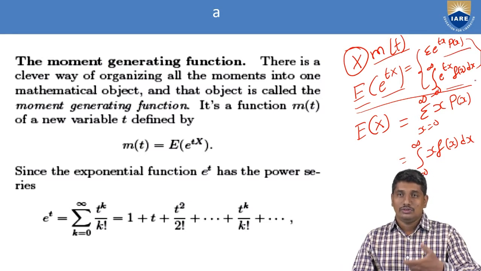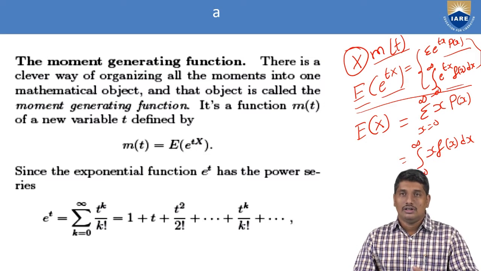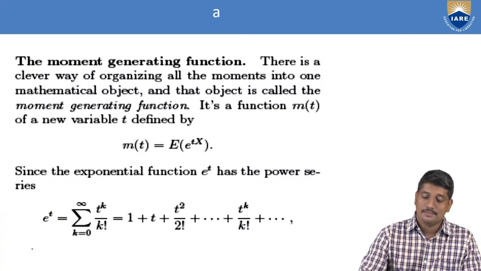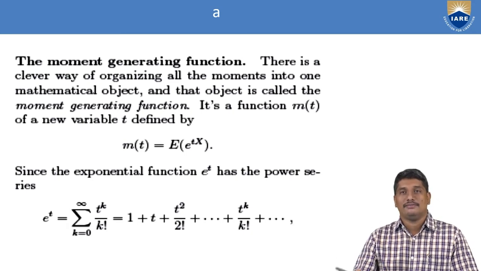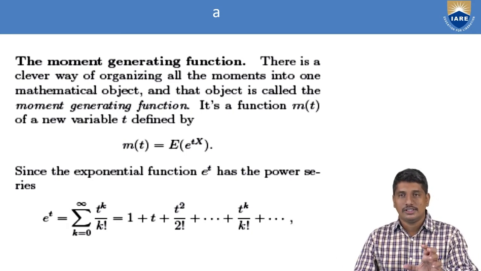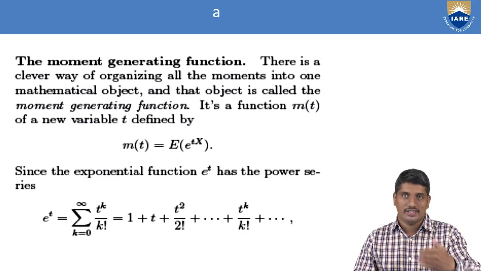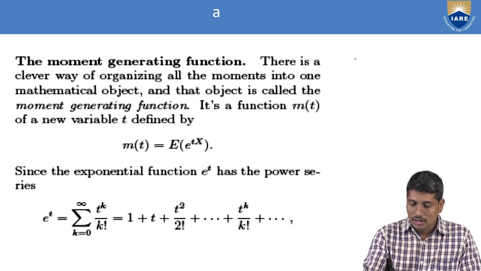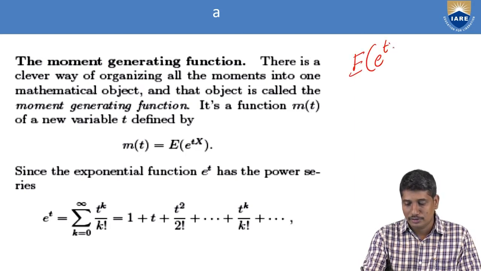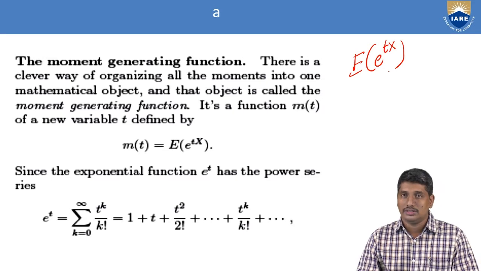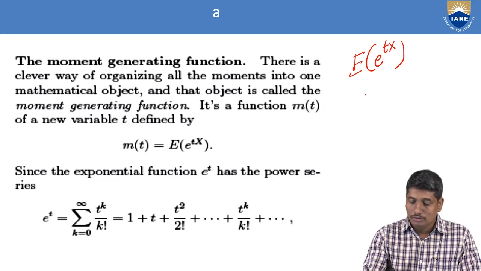Let us try to understand it more closely. Now we have understood what the moment generating function is; now we are going to understand what moments are. Let us take the definition of the moment generating function, the expectation of e^(tX).